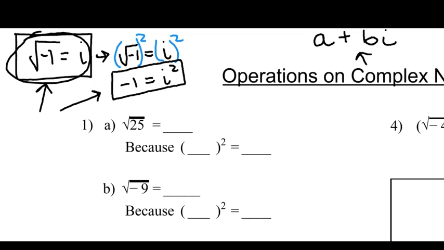So number 1 here, let's work with a real number. Square root of 25 is 5, and that's because 5 squared is 25. So just remembering what we know about that so we can move into imaginary numbers here. So letter B, square root of -9, well, we have to do a preliminary step: square root of 9 times square root of -1.